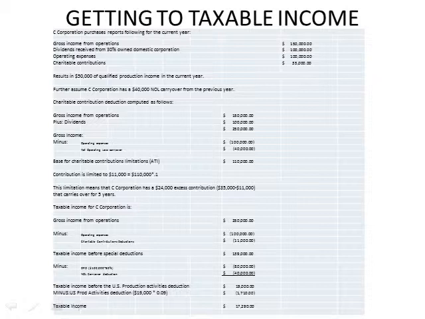We're given that the dividends received from a 30% owned domestic corporation is $100,000. Our operating expenses are $100,000, and the charitable contributions made by C Corporation are $35,000.